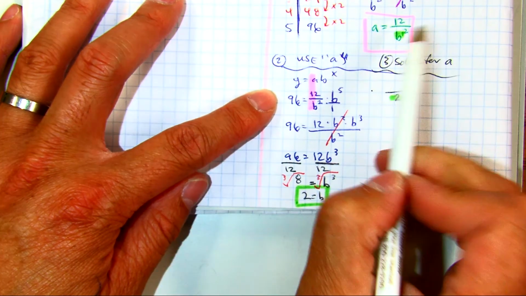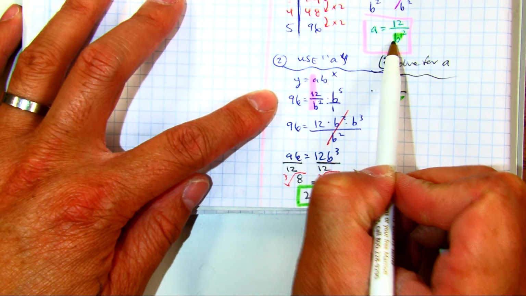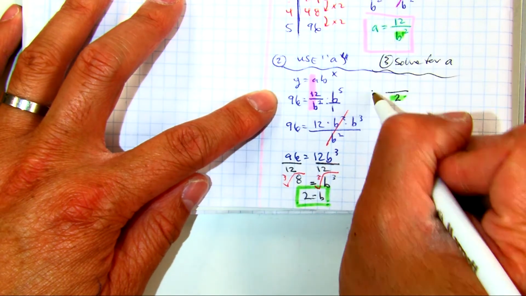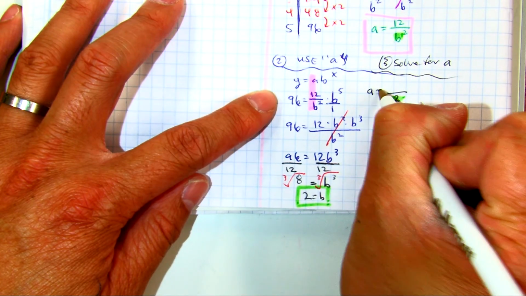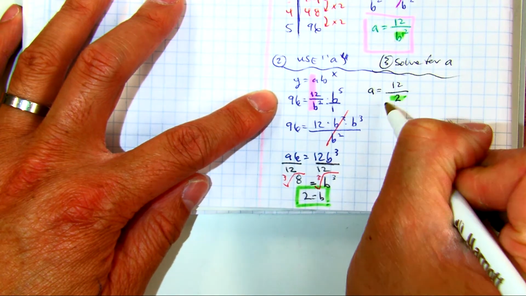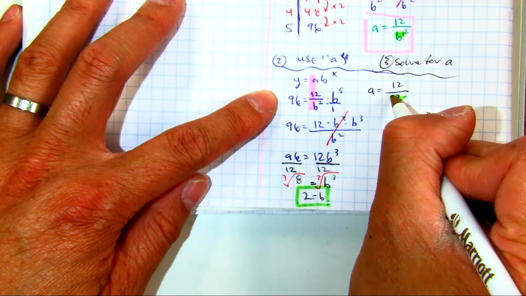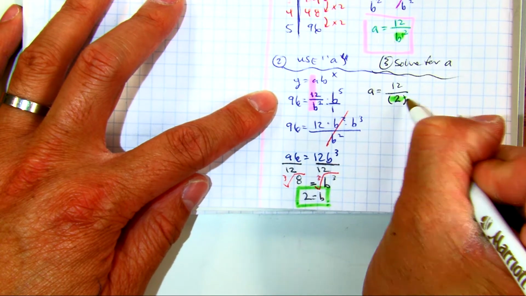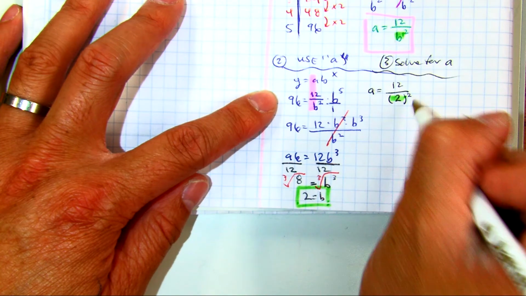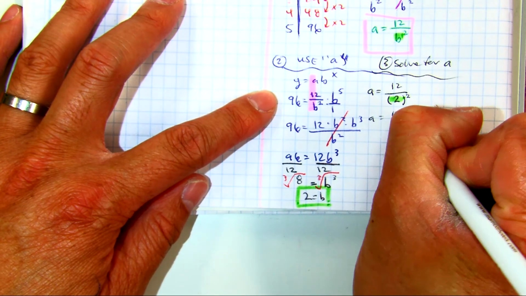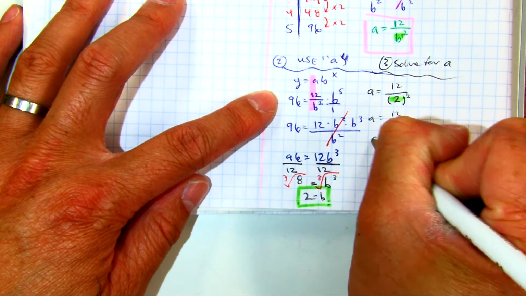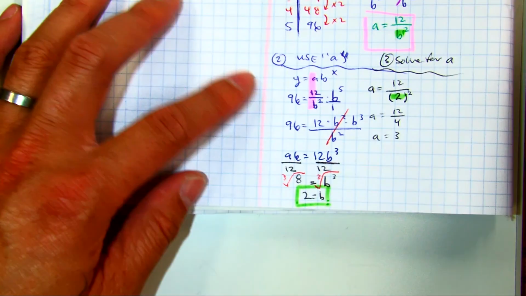You're putting in there, right? So I have what over here? And 2 is what? Squared. Cynthia, 2 squared? 4. And 12 divided by 4? 3. A equals 3.